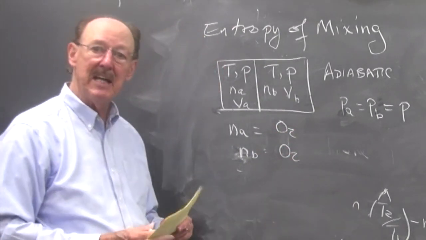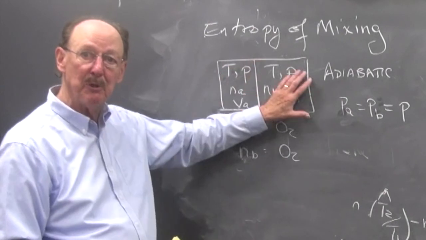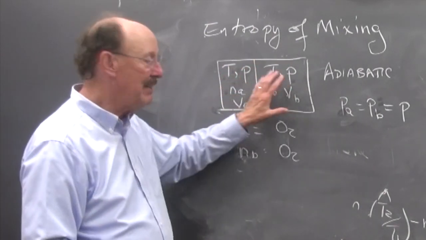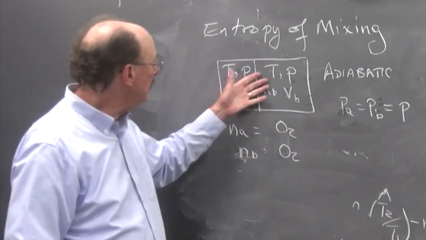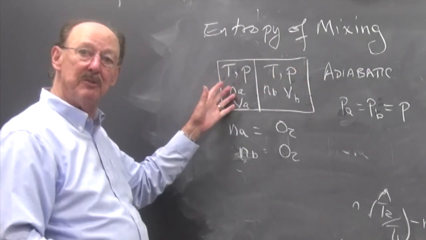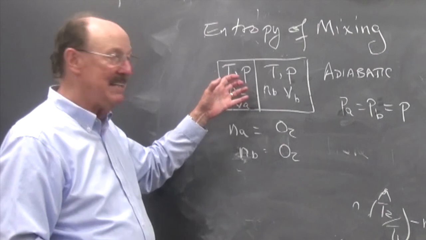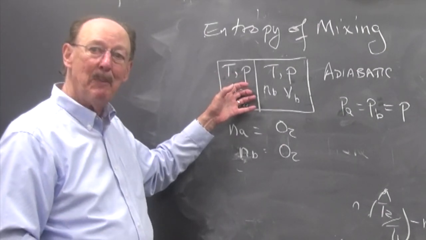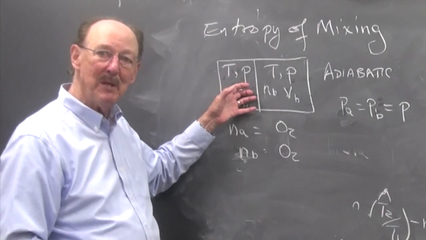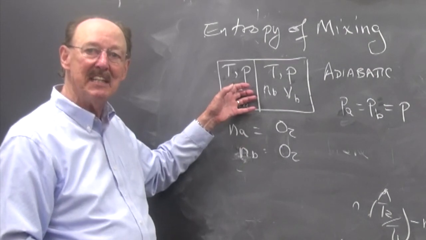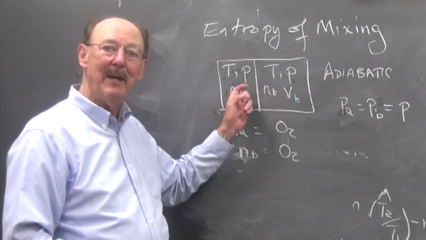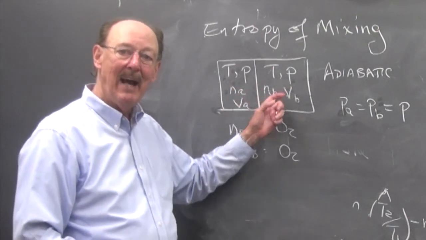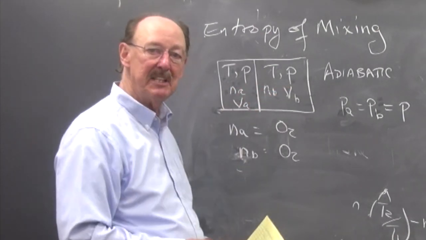So I'll let it be the same gas. So now I have the same gas in both places. And if I remove the membrane, these molecules are going to go over here, these molecules are going to go over there, so they're not as contained as they were, but I can't figure out the partial pressure because I can't distinguish the A molecules from the B molecules. So for entropy of mixing to occur, it requires the concept of distinguishability.